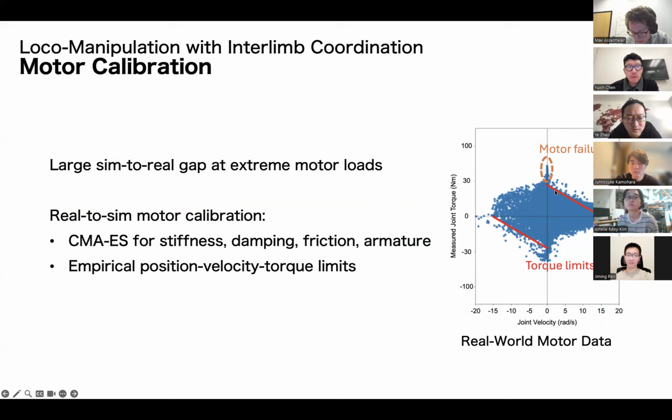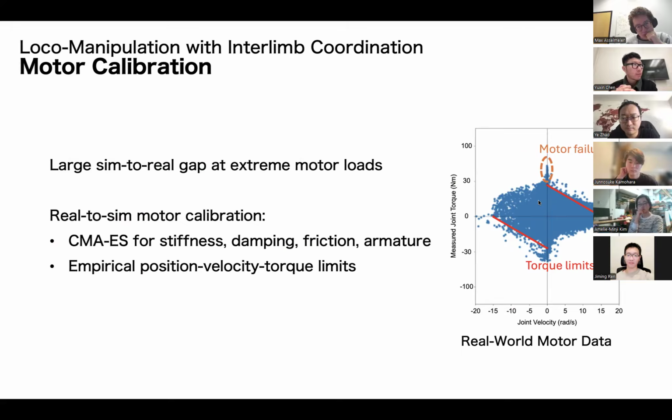So this part is not done by me, but the system ID is very important. We tried that. If we don't explicitly do the system ID, the sim-to-real gap is still super large, especially when the robot tries to do 3 leg balancing. Because with 3 leg balancing, each motor has more load than in the normal cases, and in that case there's nonlinearity, and then the IL policy is going to fail.